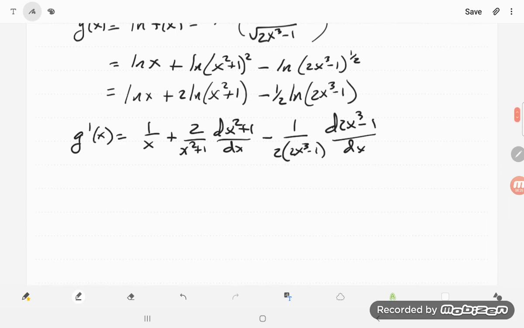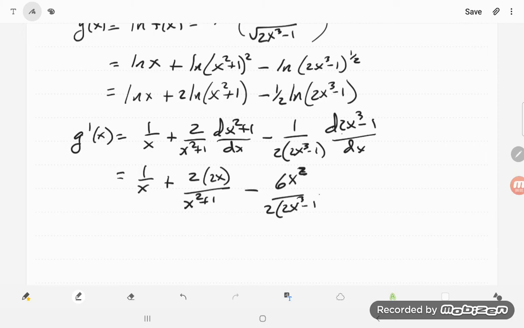The derivative of x squared plus 1 is 2x, and the derivative of 2x cubed minus 1 is 6x squared.